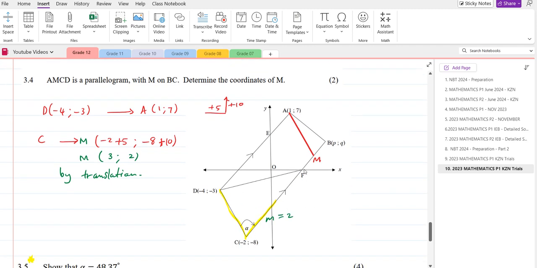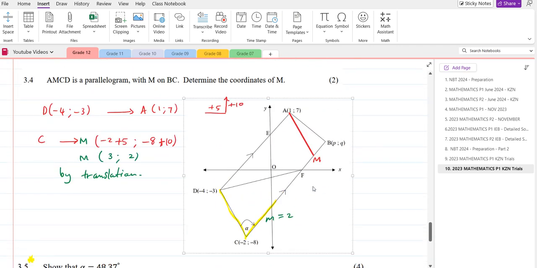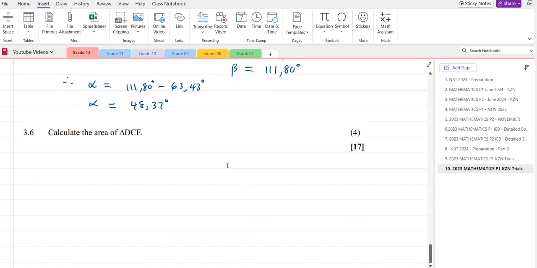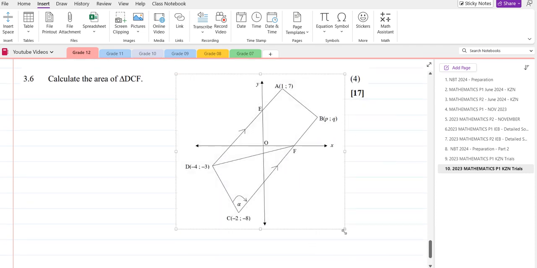Right, now to calculate the area of triangle DCF, we need the two distances, FC and DC. So let's get the distances, and we can use the area rule for sine, obviously half ab sine C. You know what I'm talking about.